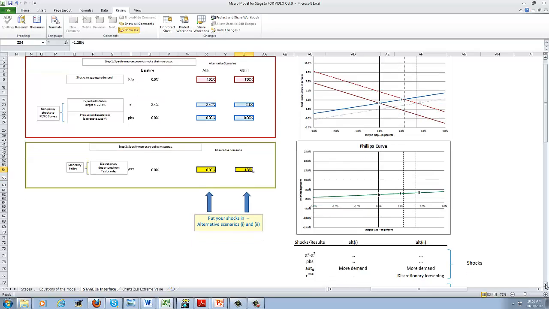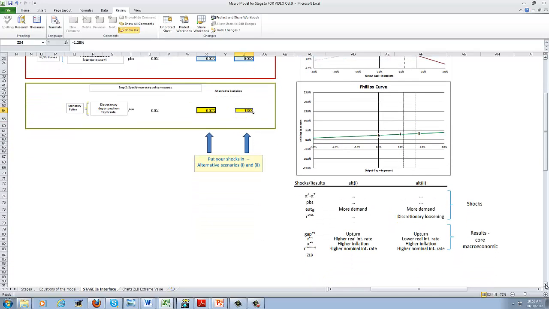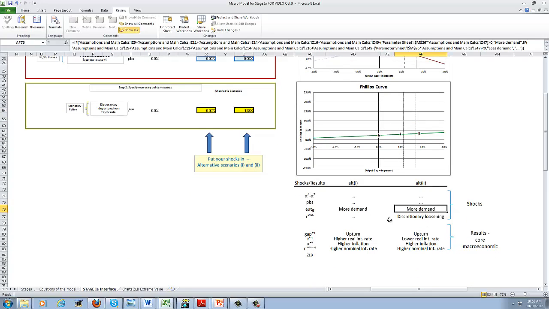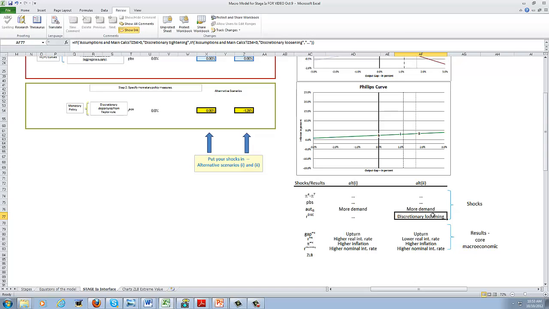And if we go down here to our verbal description, we find that yes, we had more demand, same as in alternative 1. We had a discretionary loosening of monetary policy that did result in an even larger upturn than under alternative 1. You'll see that it says lower real interest rate, but we can see that that's really not by much. We didn't exactly get back to the real interest rate under the baseline, but it's about there.